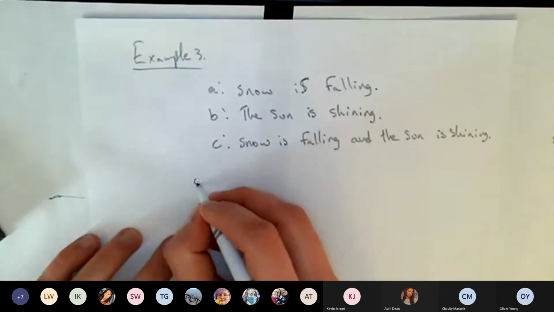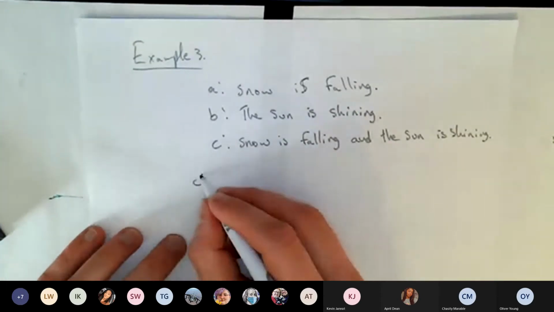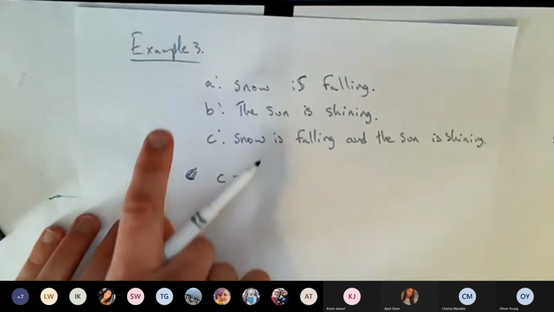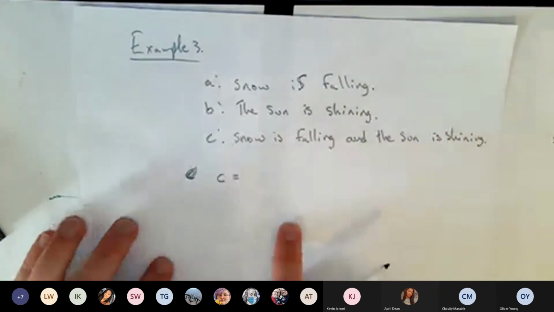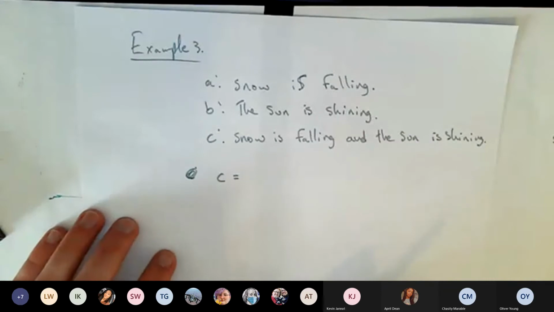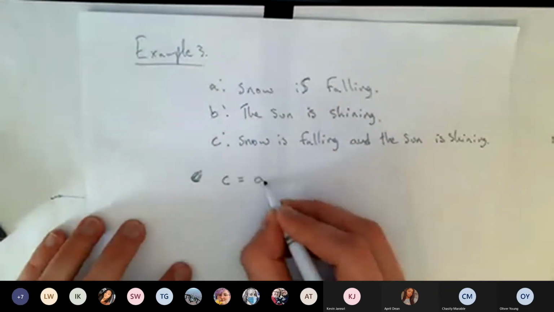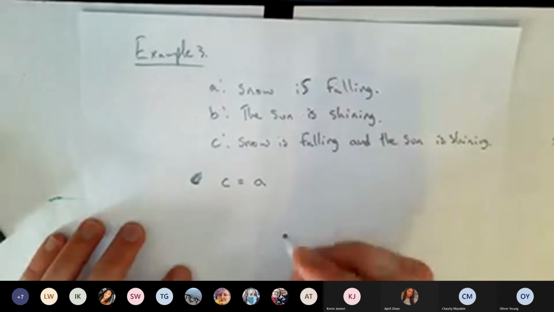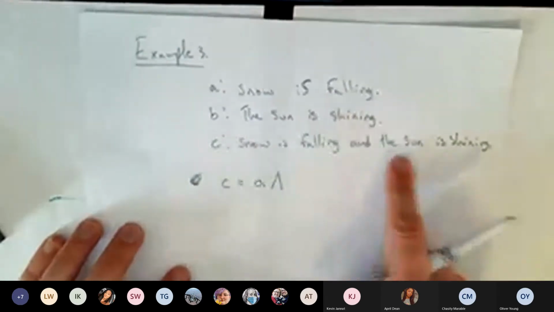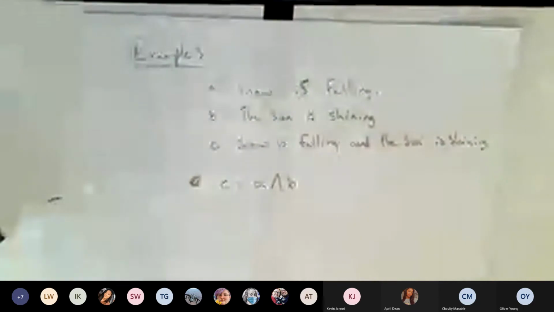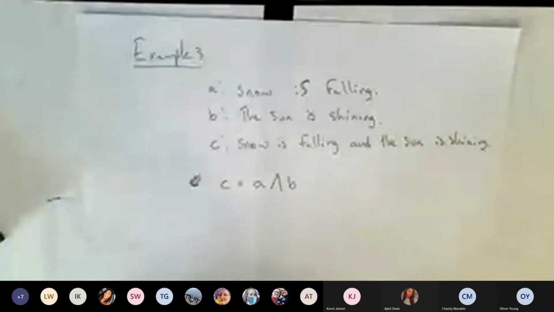How can you write C in terms of A and B, like literally with the letters A and B and a little symbol in between? Then you would say, well, the first part is the snow is falling, so that's A, and then there's the word and, so there's that symbol, and then the sun is shining is B. So pretty straightforward, right?